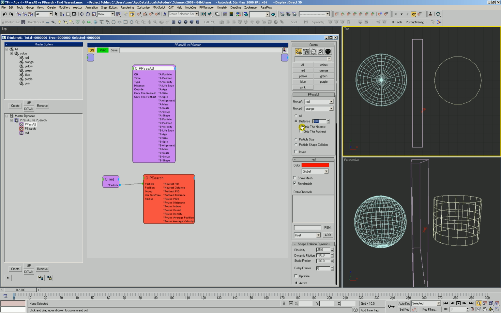Okay, PPassAB is kind of nice. It has a couple other options that PSearch does not, and that is the particle size and the particle shape collision. So particle size is, I believe, a radial or spherical representation, where the size of red and the size of orange, I'm pretty sure it's in spherical terms, if those overlap at all in space, then these outputs fire true.